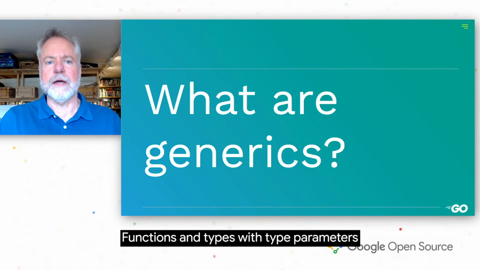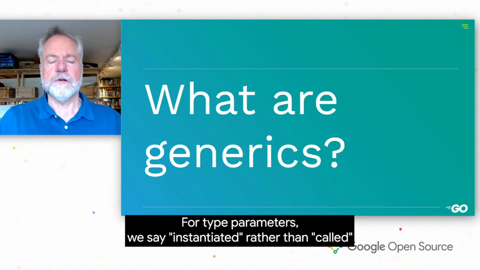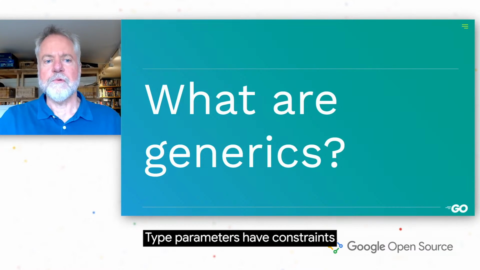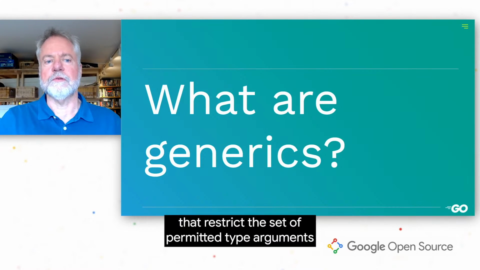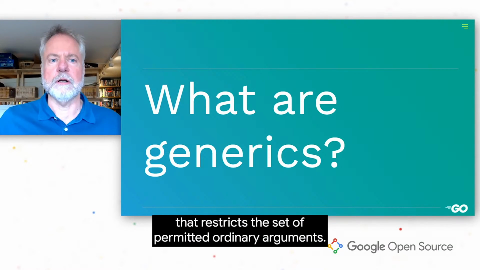Functions and types with type parameters can then be instantiated with type arguments. For type parameters, we say instantiated rather than called, because the operation occurs entirely at compile time, not at runtime. Type parameters have constraints that restrict the set of permitted type arguments, much as ordinary parameters have a type that restricts the set of permitted ordinary arguments.